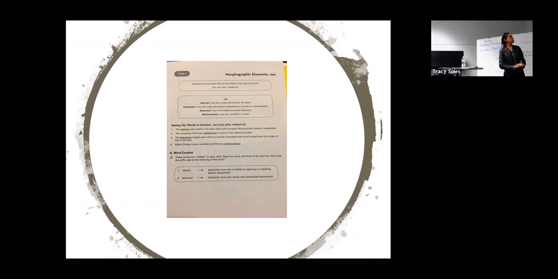Then it says using words in context. It gives sentences. The optician was careful to fit each client with carefully fitting contact lenses or eyeglasses. It uses the word in context. So these are other examples of expanding children's knowledge, but expanding it around word parts.